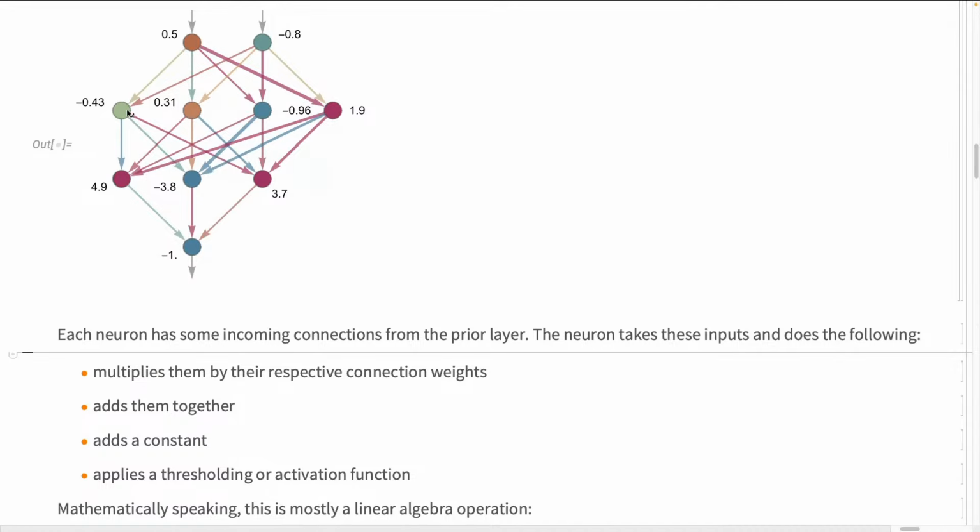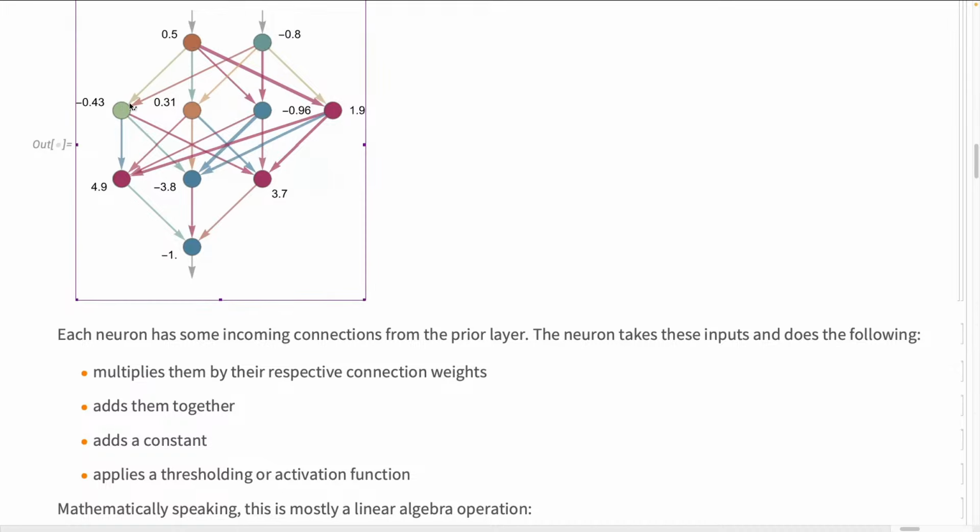When, say, this neuron sees a signal from this one and this one, it takes the signals, say 0.5 and negative 0.8, and it weighs them differently. So these different arrows have different strengths. It's going to say, oh, I think this one's really important, and I think this one's not particularly important. Maybe it has a big weight for this one and a small weight for this one.